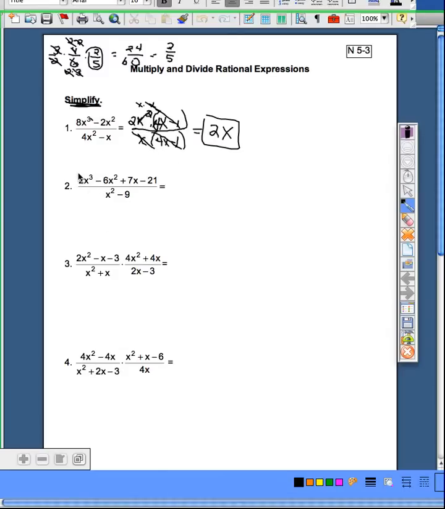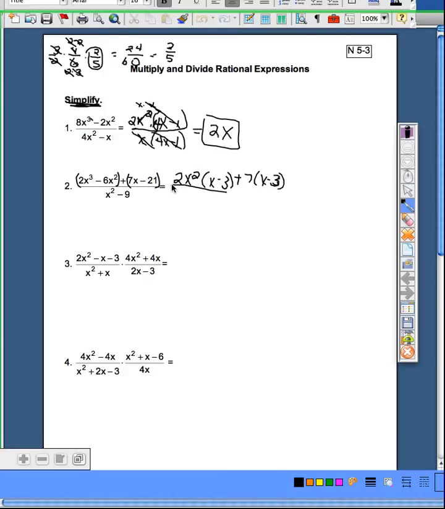Looking at this next one, remember, if we have 4 elements in our polynomial, we're going to factor by grouping. When we factor out our first factor, we end up with 2x squared times x minus 3 plus 7 times x minus 3.